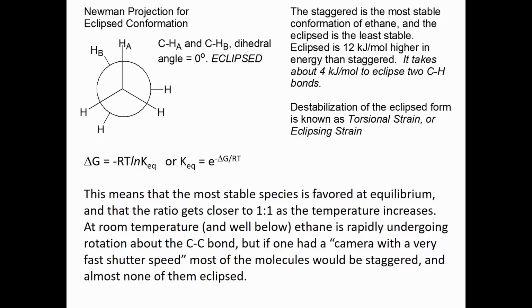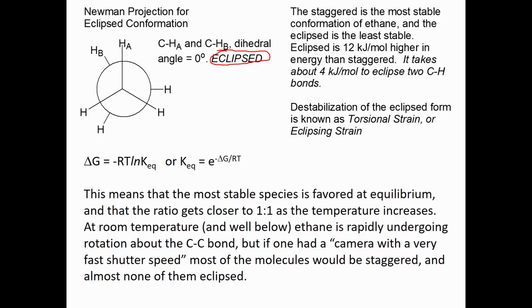When the dihedral angle is 0 degrees, we just refer to them as being eclipsed. Here's a Newman projection for eclipsed ethane. It's a little bit hard to draw because the back carbon perfectly overlaps with the front carbon, so we have to skew it a little bit, but that's as close as we can get for the eclipsed conformation.